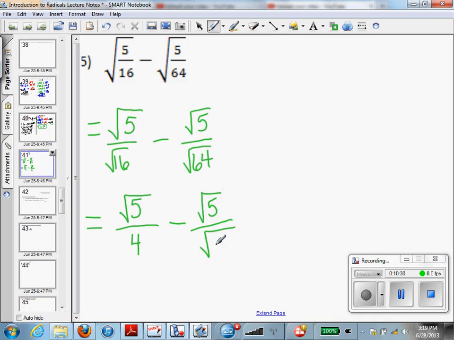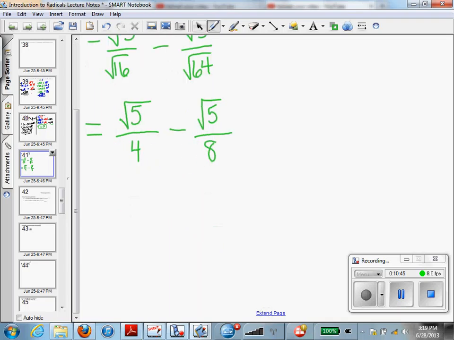But for 64, if you take the square root of that, you're left with 8. To simplify this, you need to get common denominators, and the common denominator between these two would be 8.